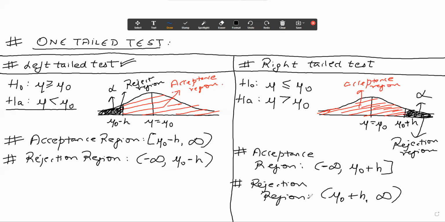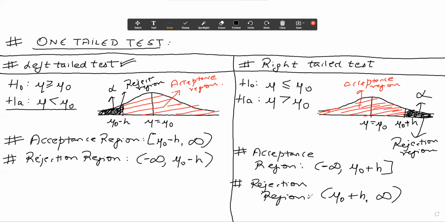Okay, so I hope all students have understood the concept of type 1 error, type 2 error, how I have shown them diagrammatically. Remember, type 1 error is rejecting the null hypothesis when it should be accepted.